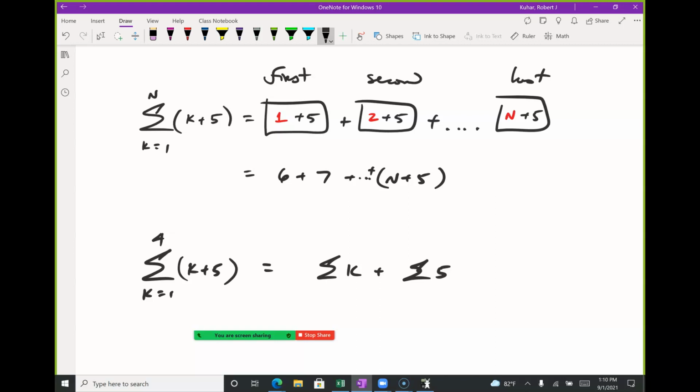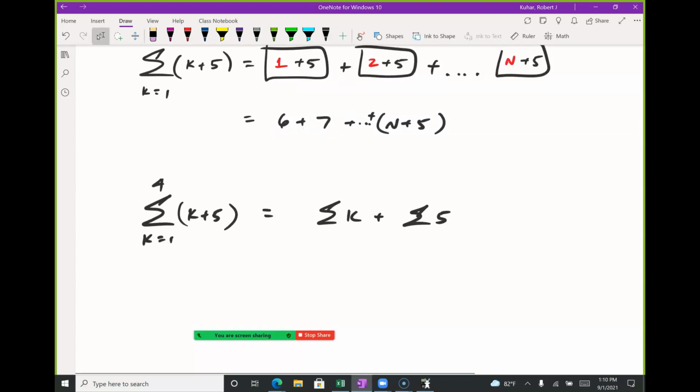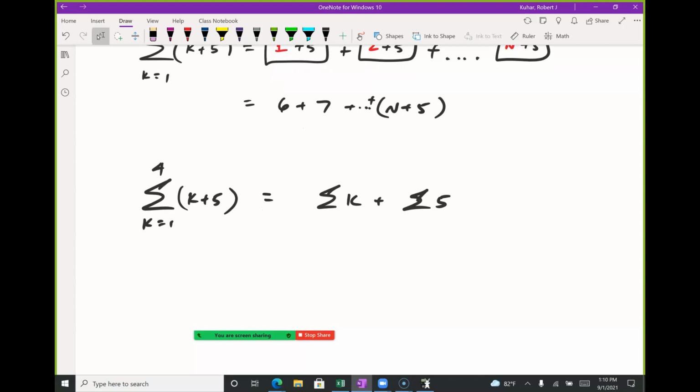Anybody with me today? Yeah. Thank you. And of course we know our value of n. What's our value of n? 4. Yep, n equals 4. I have a formula for the sum of k, that is n times n plus 1 all over 2. And I have a formula for the sum of 5, that's 5 times n.